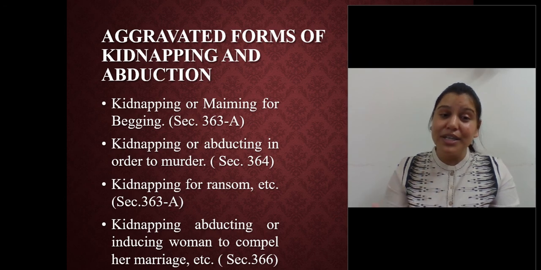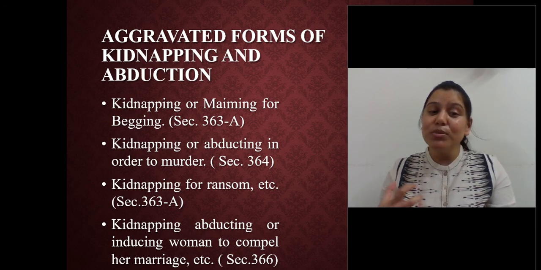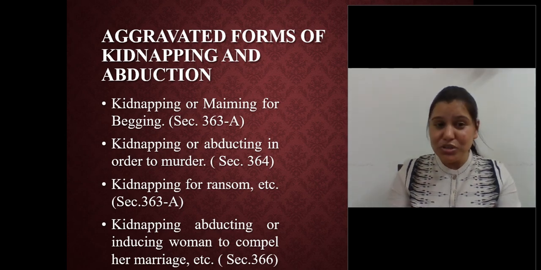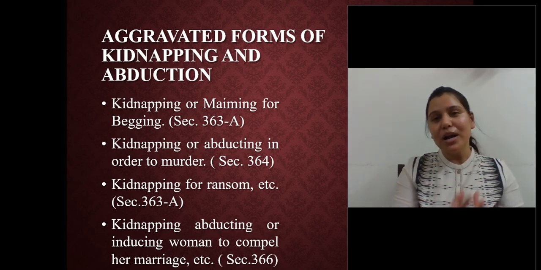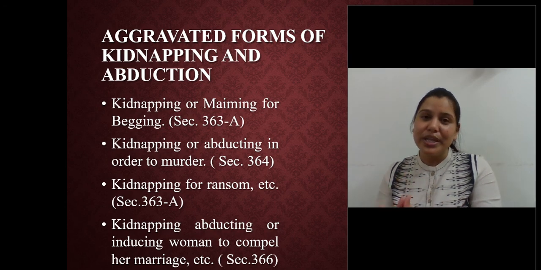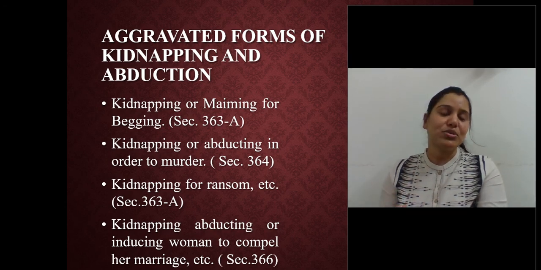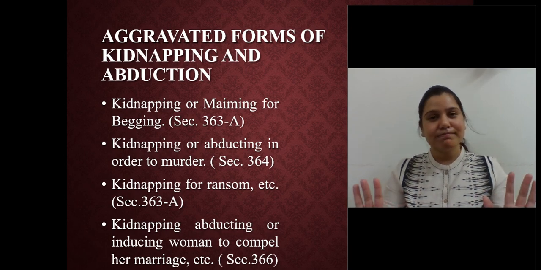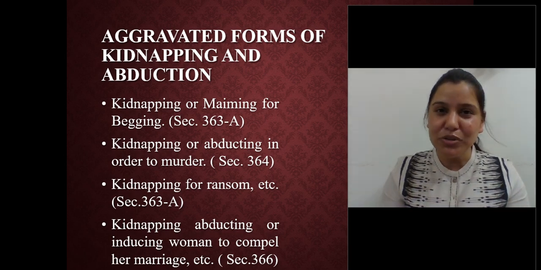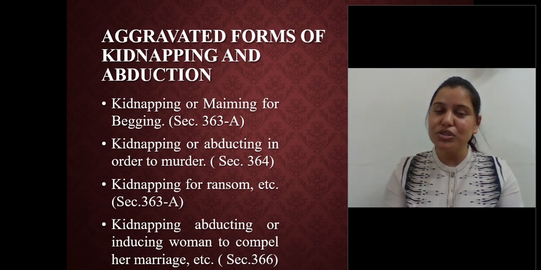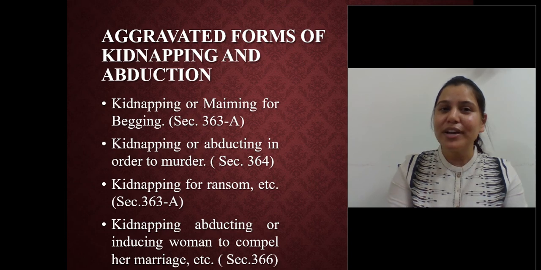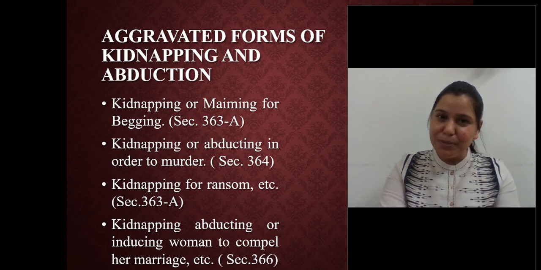Kidnapping or abducting or inducing women to compel her marriage, that is also punishable. So abduction becomes punishable only when it is combined with some other offense. Till then, there is no specific punishment just for abduction. You will not find anywhere that particular thing under IPC.